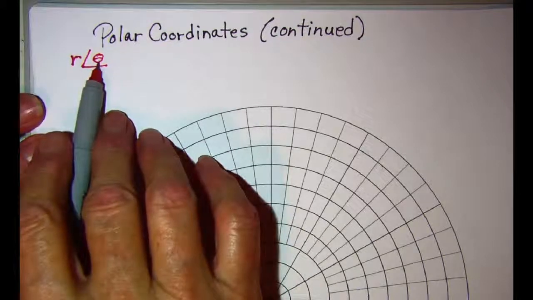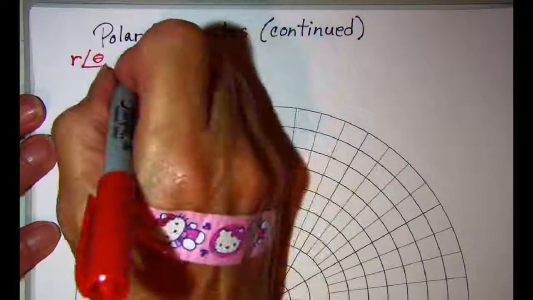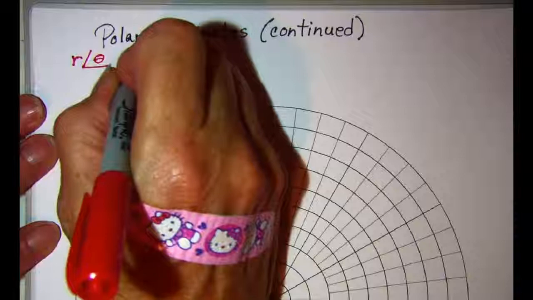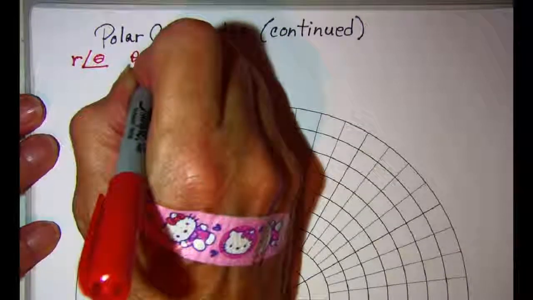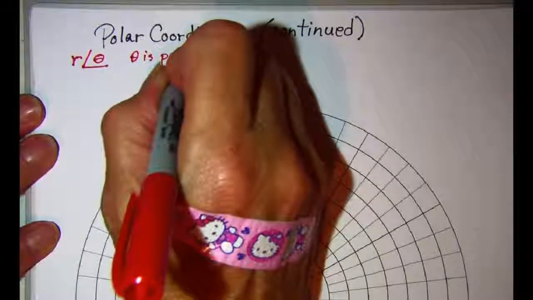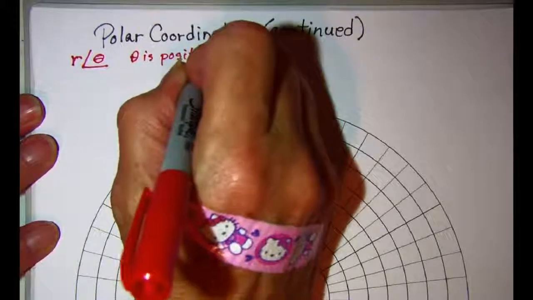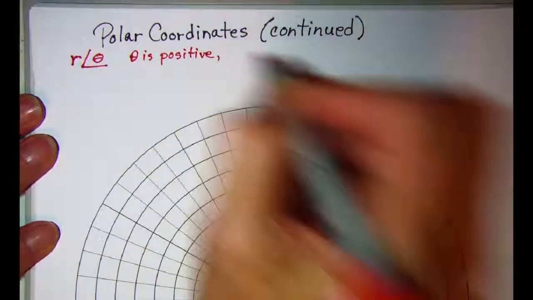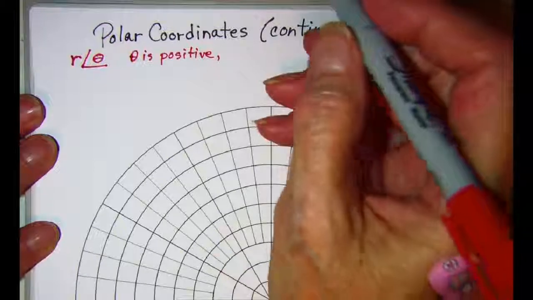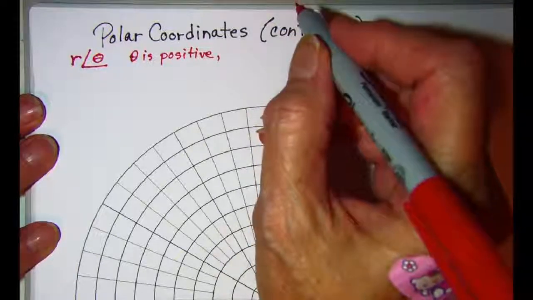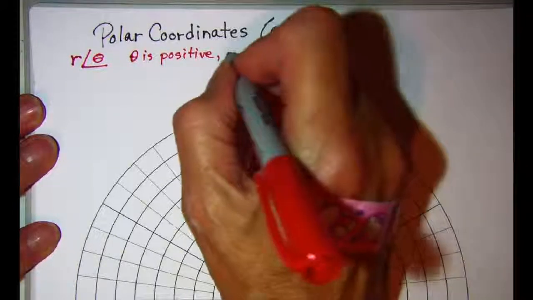When theta is positive, we want to measure in a counterclockwise rotation.